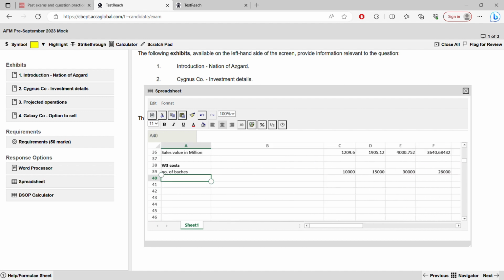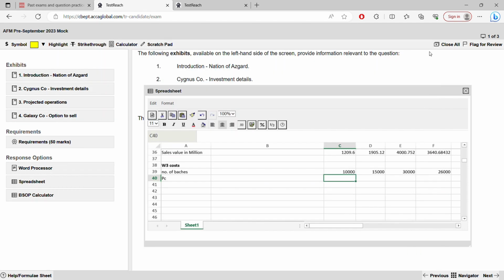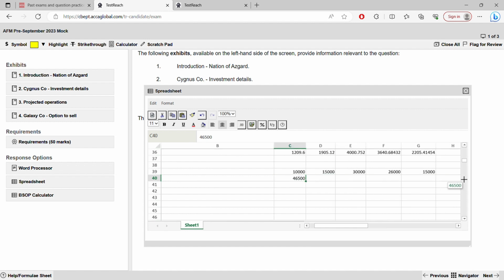Then production cost, PC. How much is the production cost? Go to 3 and see, it is 46,500. So 46,500. I'm going to take this to the other cell.